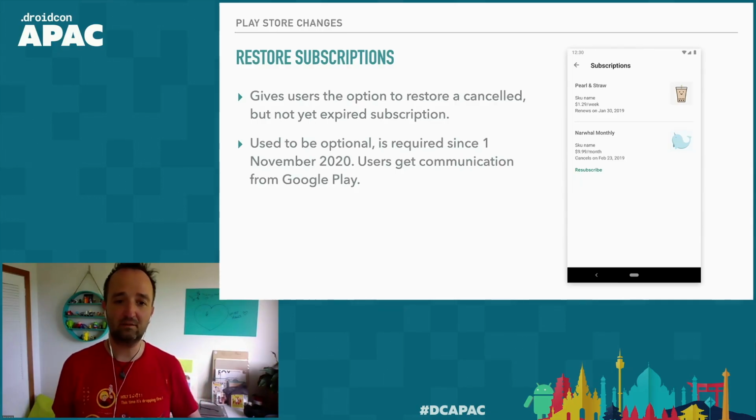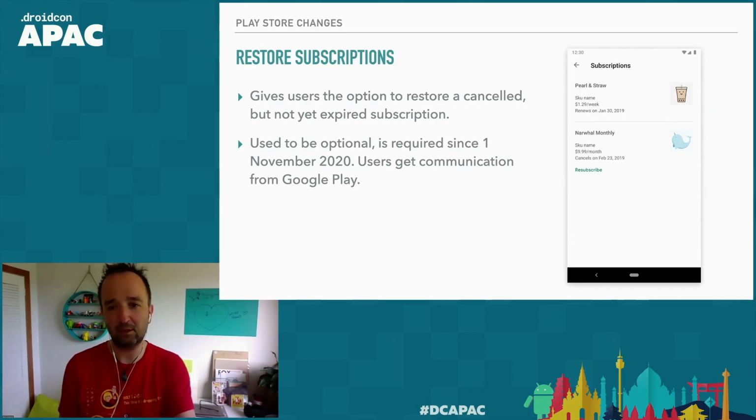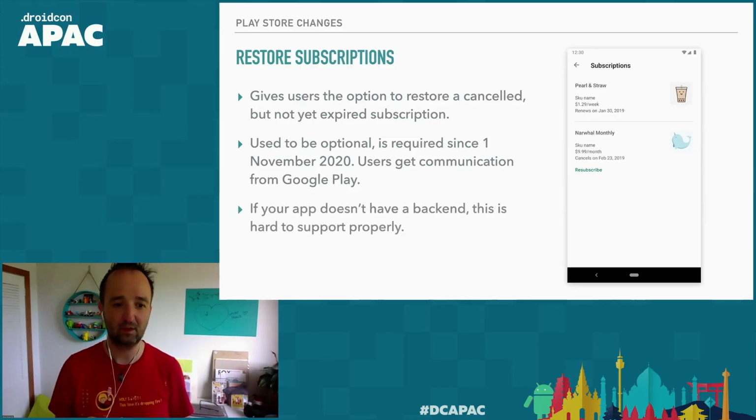What happens is users get communication from Google Play that they can do these kind of things. So if they go back to the Google Play app, they actually see a resubscribe or restore button for the subscription that is in that canceled but not yet expired state. And what I find is if your app doesn't have a backend, this is quite hard to support properly.